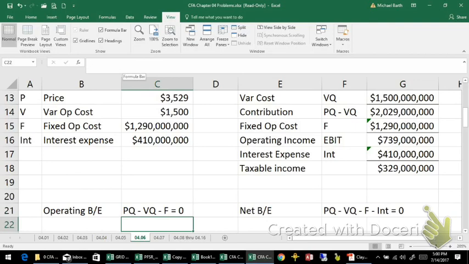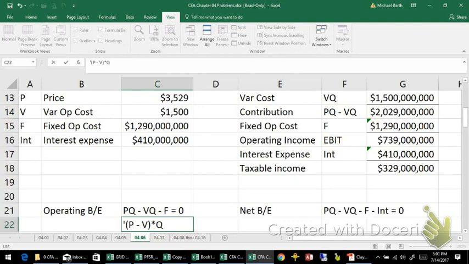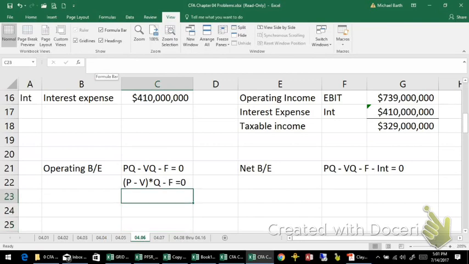All right, so if I took P minus V times Q minus F, set that equal to zero. Sorry, I'm just using some algebra to rearrange terms. Then shift the F to the right hand side.